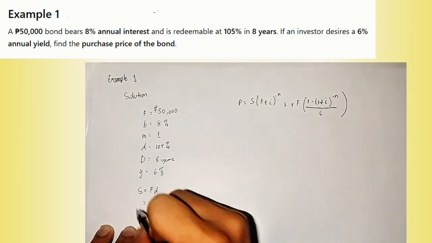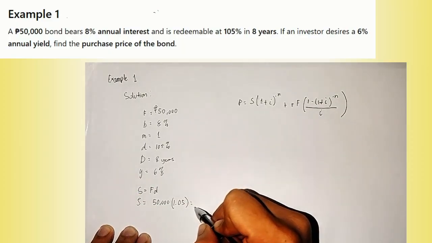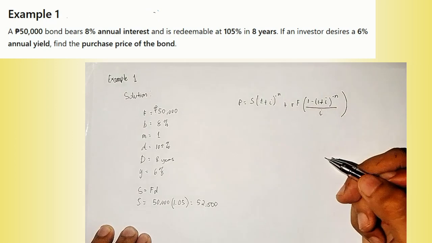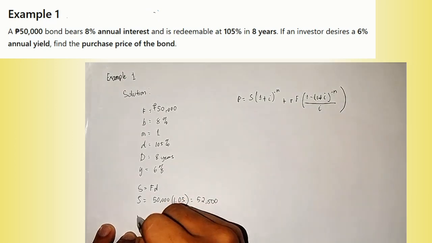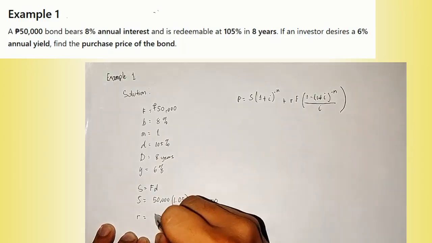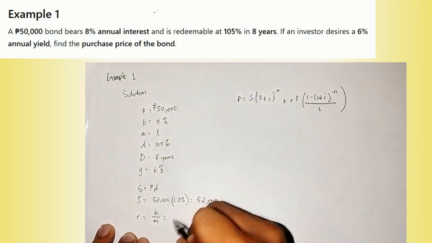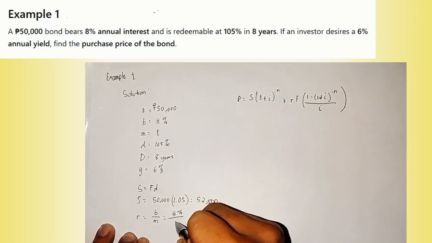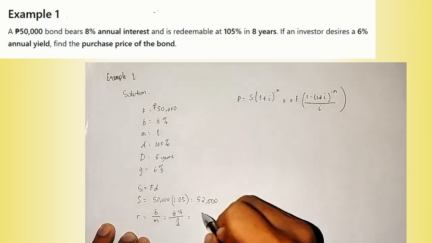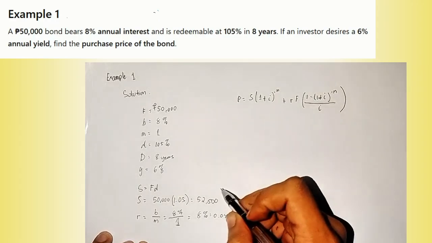So S is equal to 52,500. Now how about our rate? We know that the rate R is B over M, where B is 8% and M is annual, which is 1. So basically, it is 8% or 0.08.